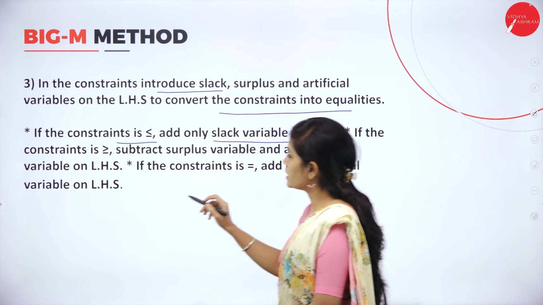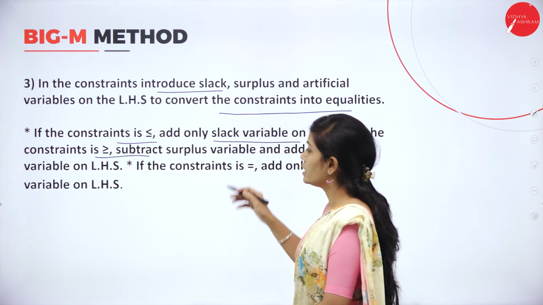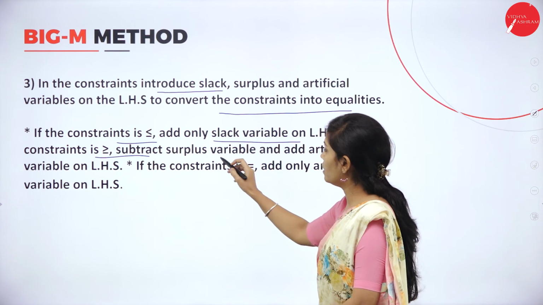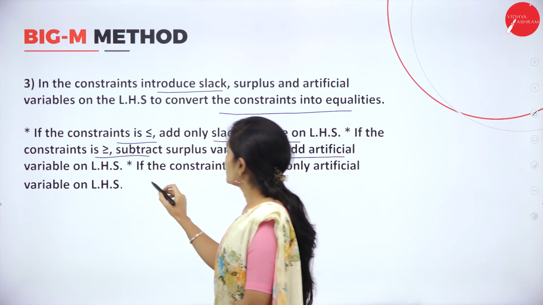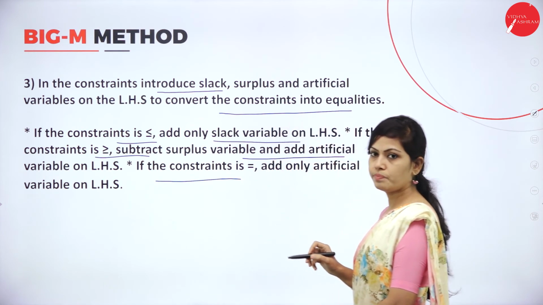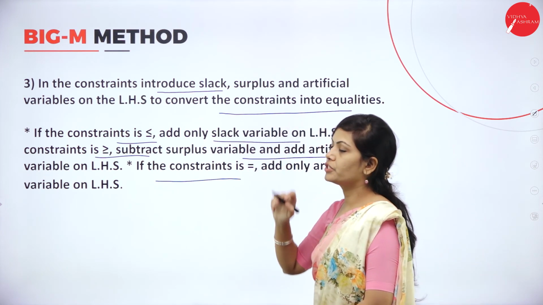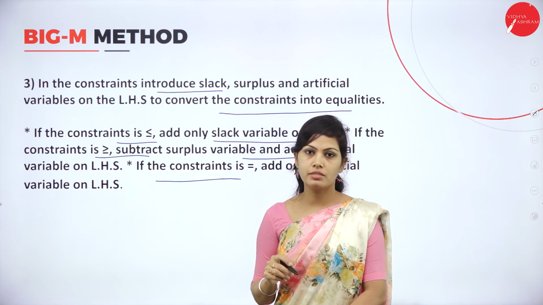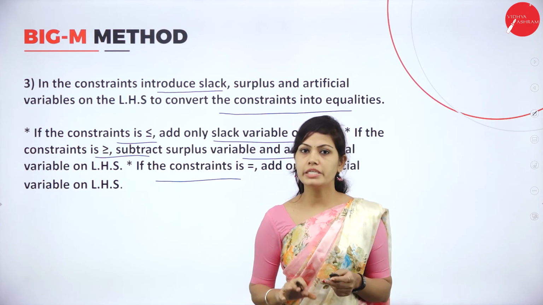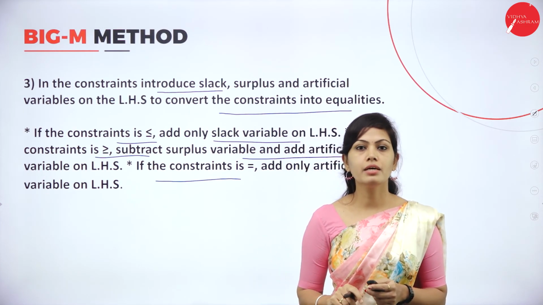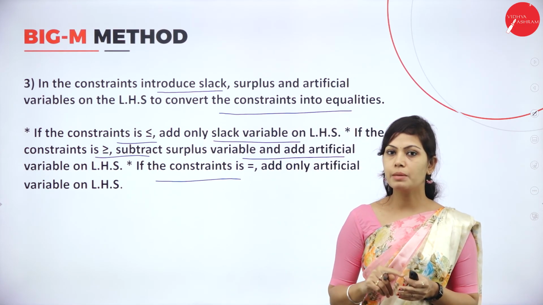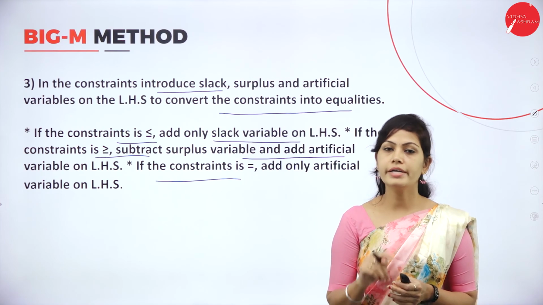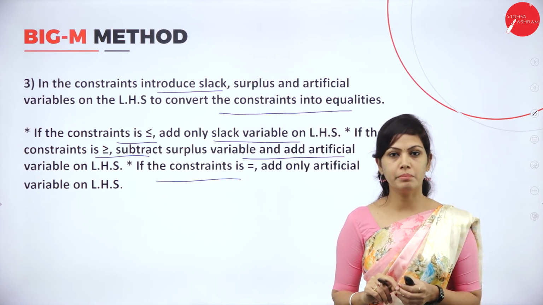And if the constraint is greater than or equal to, subtract a surplus variable and add an artificial variable. And if the constraint is equal to, add only an artificial variable on the LHS. So these are the main steps we have to use in the big M method. We have to introduce slack variable, surplus variable and also artificial variable in the big M method.